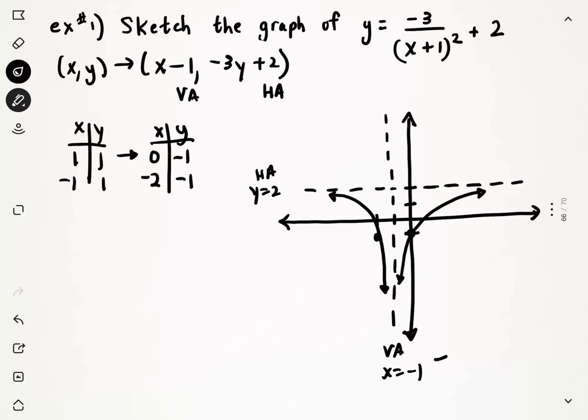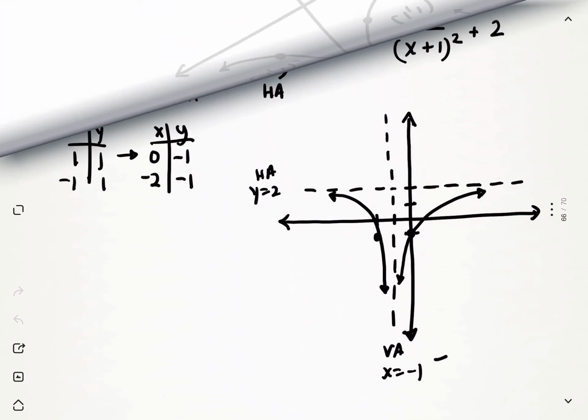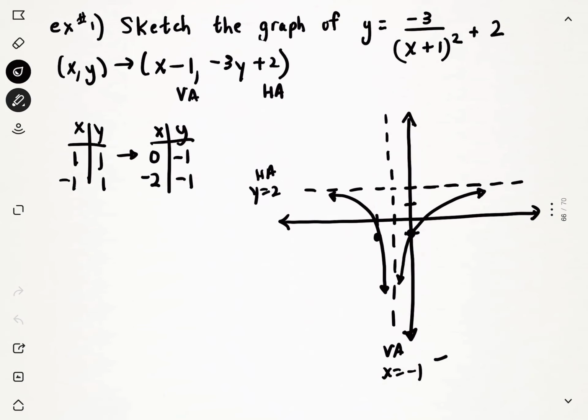And notice that when you have y is equal to 1 over x transformations, you'll have one part of your graph on top, one part of your graph on bottom. Well, with these, you're either going to have both parts on top, or if there's a reflection, like there is here, right, we have a negative in front of the 3, so there's a reflection around the x-axis, so now they're both on bottom.